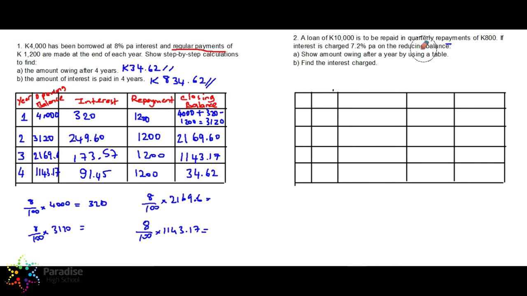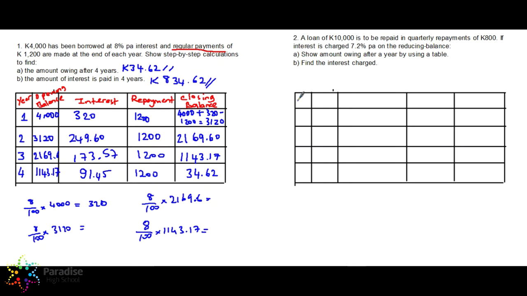But if they don't ask you to use a table, do not use the table. In both questions, they ask in the first question, show step by step your calculation. So we show step by step how we calculate the amount owing. But here too, they ask us to use a table. If they don't ask to show step by step calculation or table, we are going to use a formula, which is the next topic, annuities.